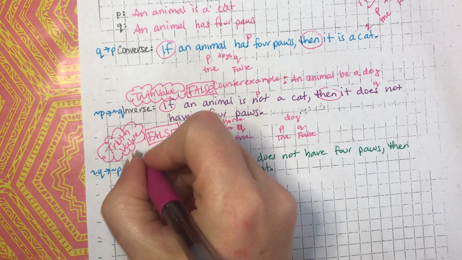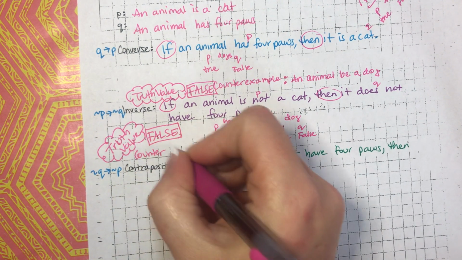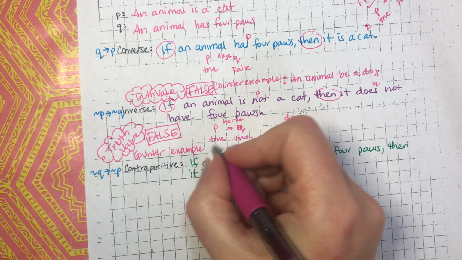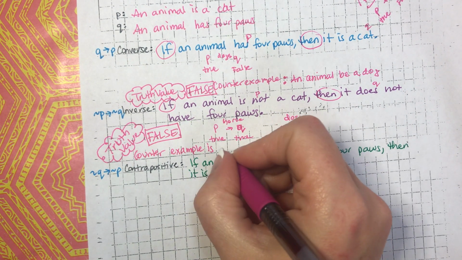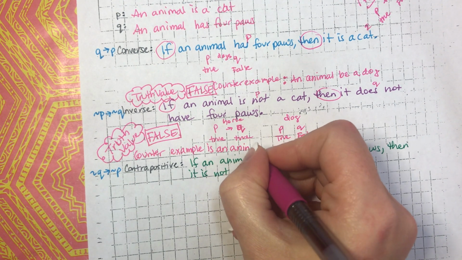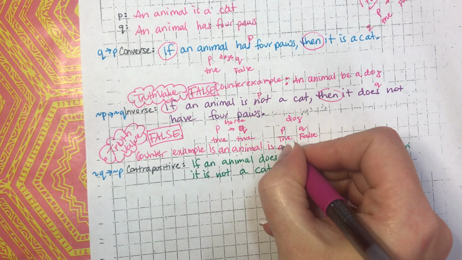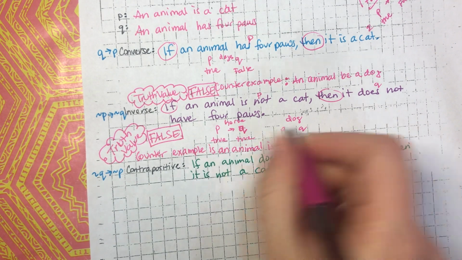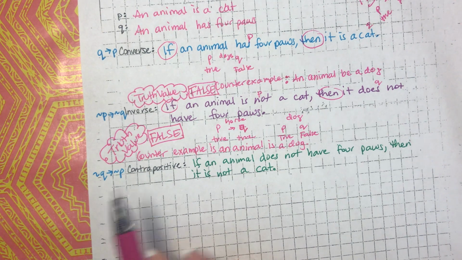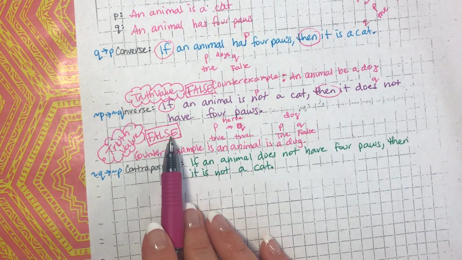And the counterexample is a dog. If an animal is a dog. All right, so that's that. Truth value is false on that one.